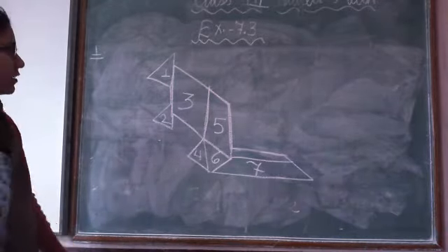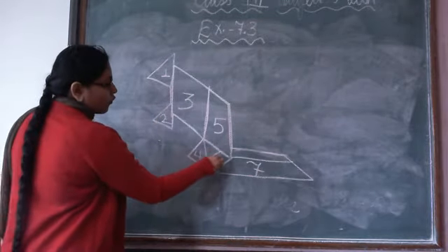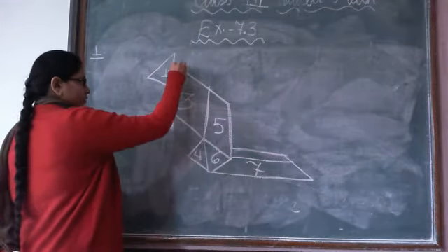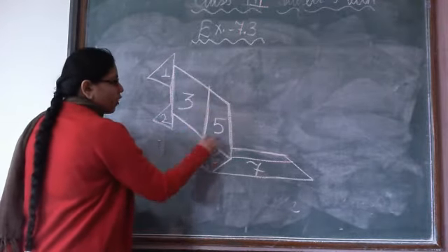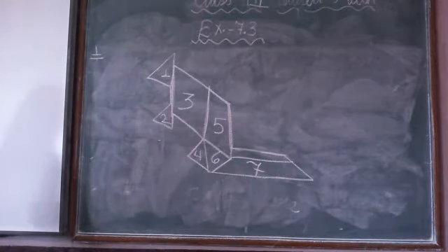See, we can find triangles like this: 1, 2, 3, 4. The 4 triangles we had found. Then the 2 parallelograms we had found. So these kinds of shapes we need to find. These kinds of questions are for increasing our thinking ability only.